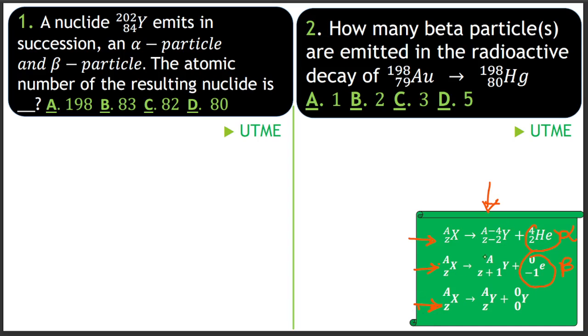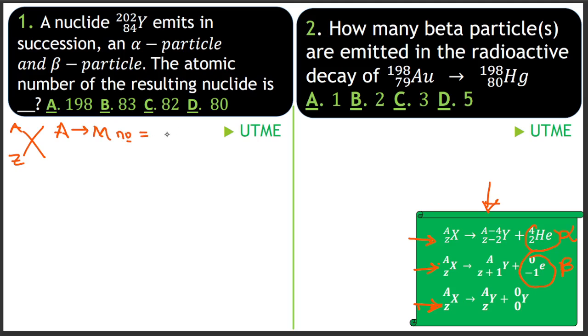All right. Now, each atom that is involved in a nuclear reaction is called a nuclide. So this is how you represent a nuclide. You can use X or Y if the atom is not specified. Is that okay? So up here is A, down is Z. A represents the mass number.